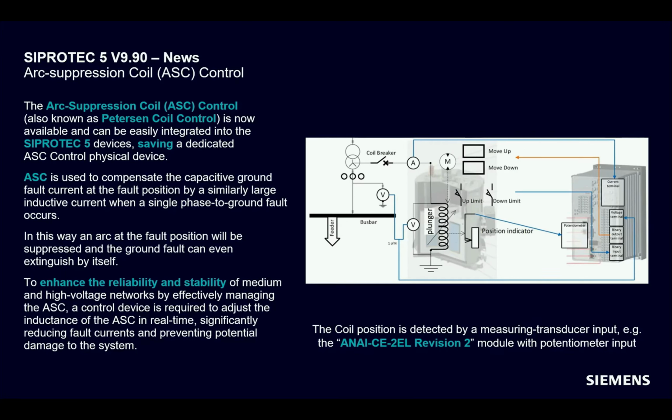To enhance the reliability and stability of medium and high voltage networks by effectively managing the arc suppression coil, a control device is required to adjust the inductance of the ASC in real time, significantly reducing fault currents and preventing potential damage to the system. The coil position is detected by a measuring transducer input, for example, with the help of the new ANA-ECE electrical revision 2 module with a potentiometer input.